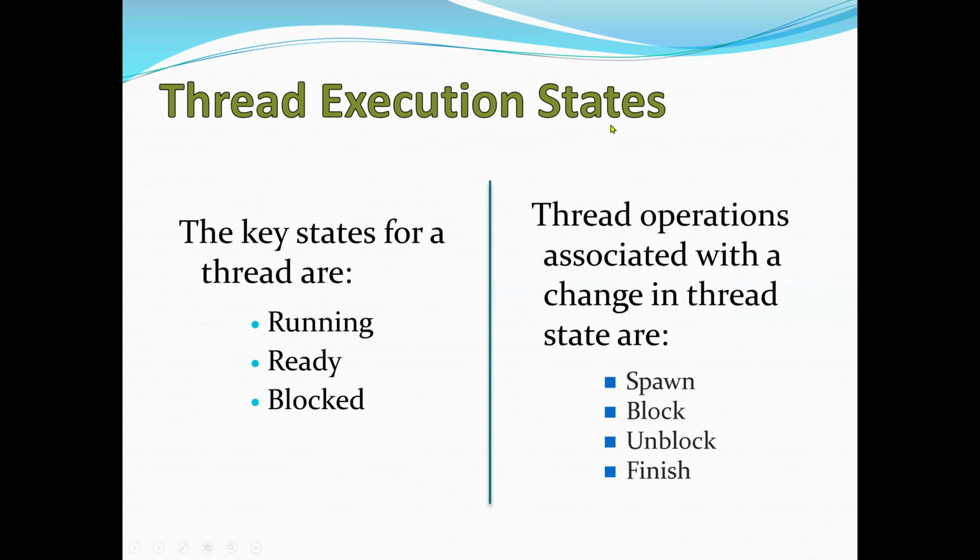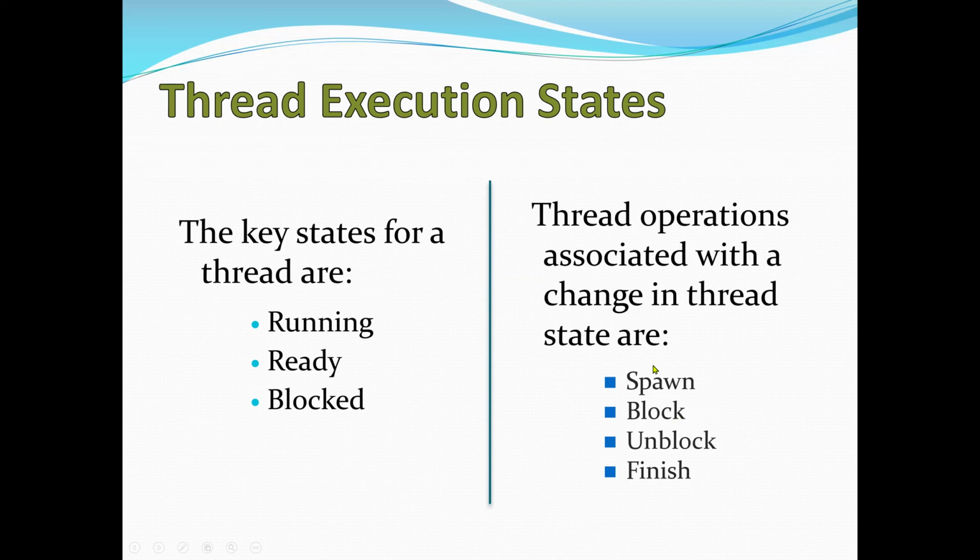So, thread execution states. The key states for a thread are running, ready, and blocked. And we may have thread operations that are associated with change in thread states, such as spawn, block, unblock, and finish.